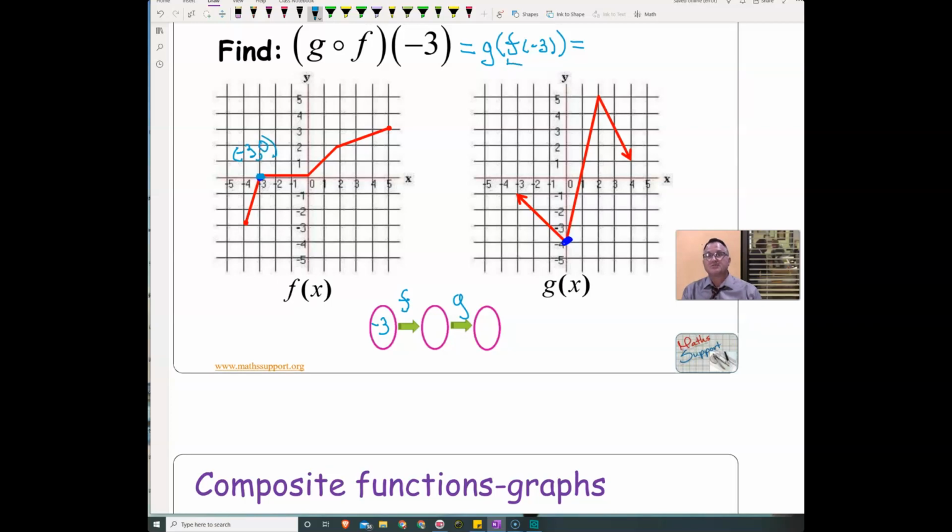So this gets replaced with a 0. And now I'm going to evaluate g of 0. So now 0 goes into g. 0 is the input, -4 is the output. And so g of 0 is -4, and that is my solution.